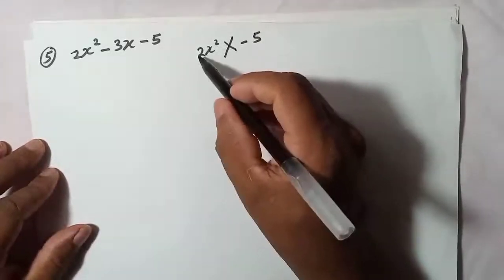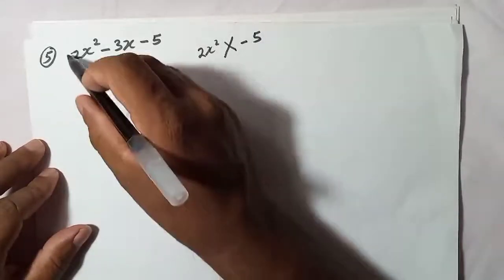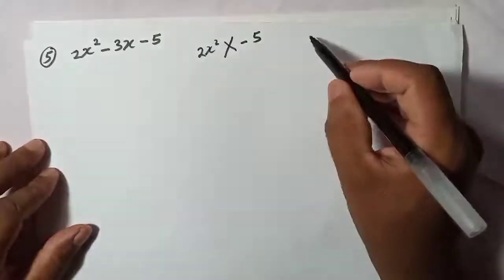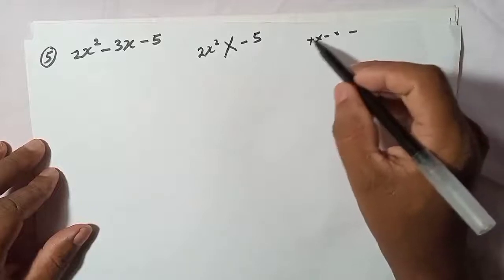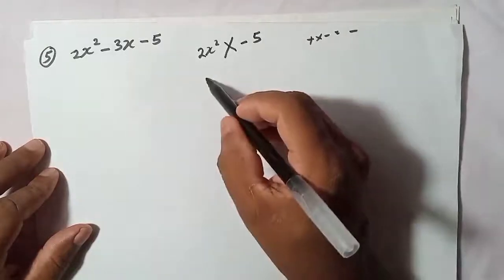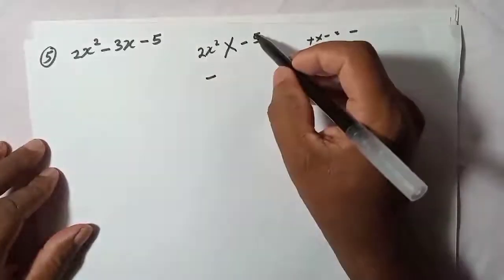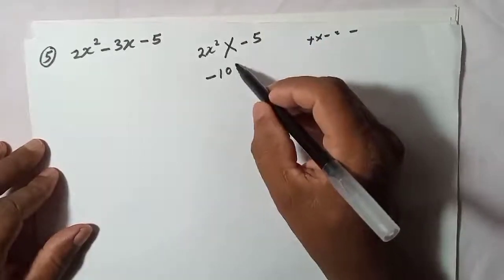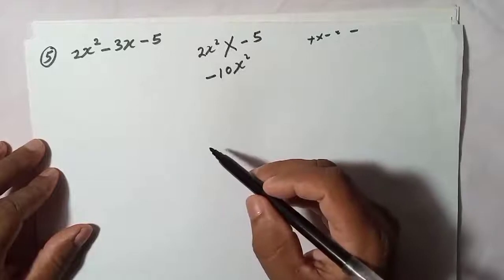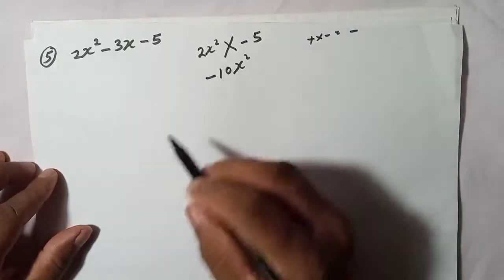So what is the answer? Here there's no sign, so plus into minus. As I told you, plus into minus will be minus, because when you multiply different signs, it is minus. Then 2 into 5, 10. Here x square, here there's no letter, so that's why x square will come here, right? That's the idea.